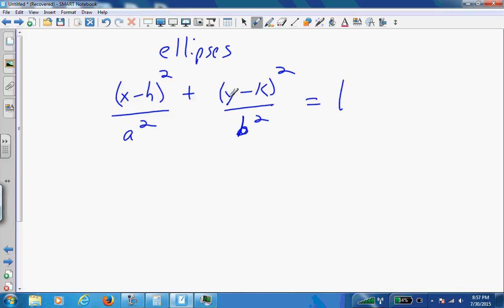If the larger value is underneath the y, then we would consider that to be a. So depending on what the value underneath the x term and the y term is, that determines which one of these is a or b. We'll look in a second on what those refer to, but notice we have a 1 on the other side. So let's look at an example, and let's look at plotting an ellipse.